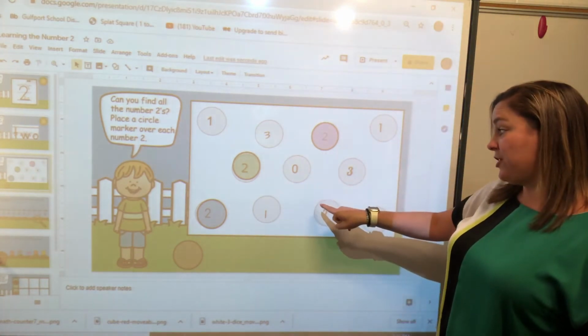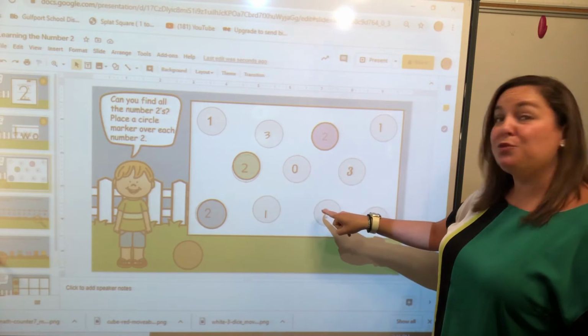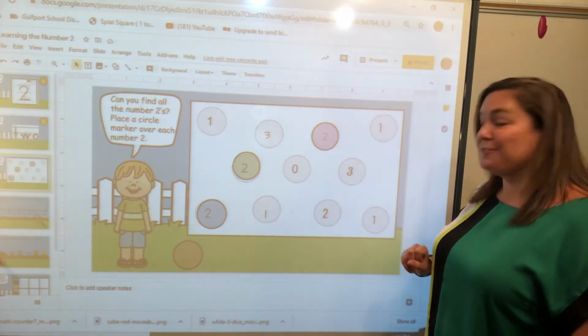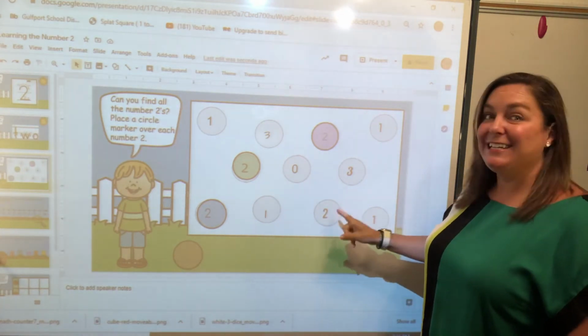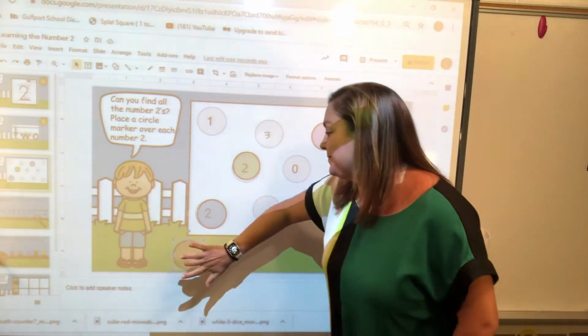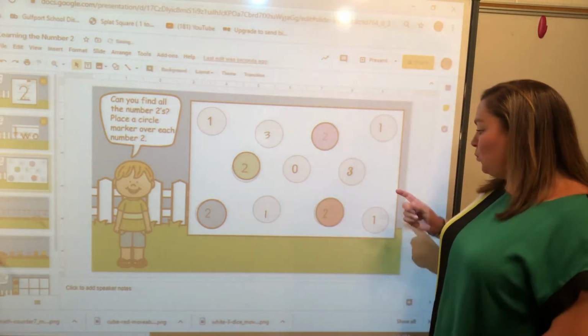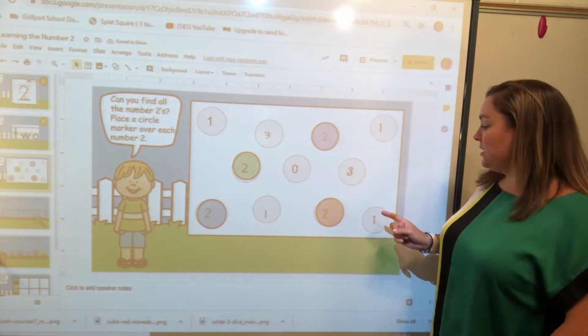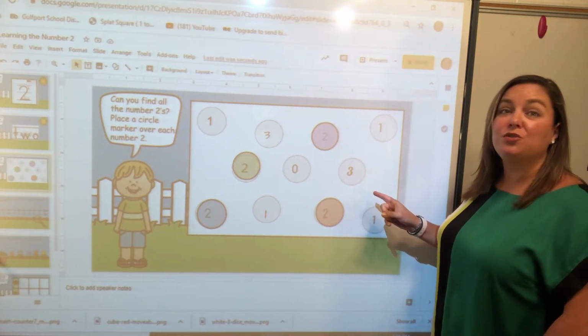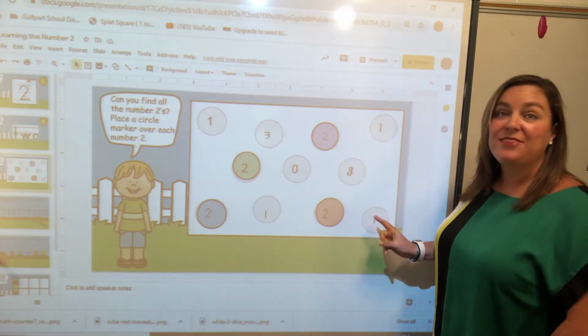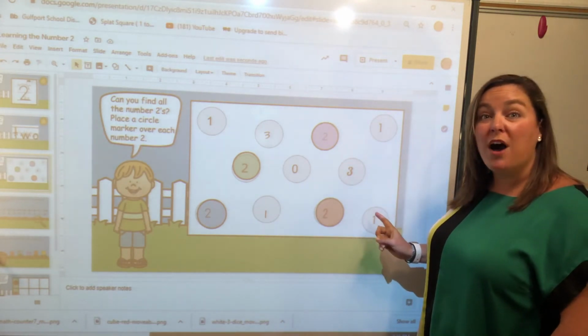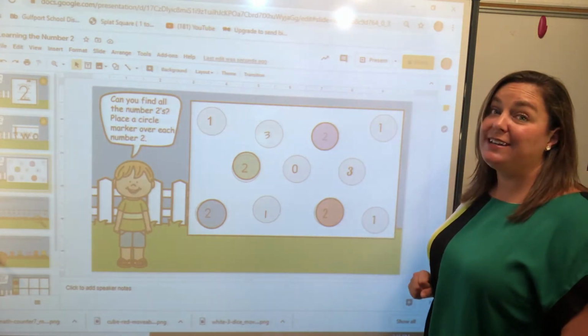Our next number, though, I see it curves around and slides to the right. Yes, this is a number 2. What about our last number? I notice that it just goes straight down. That's not a number 2, that's a 1. We don't need a marker for it.